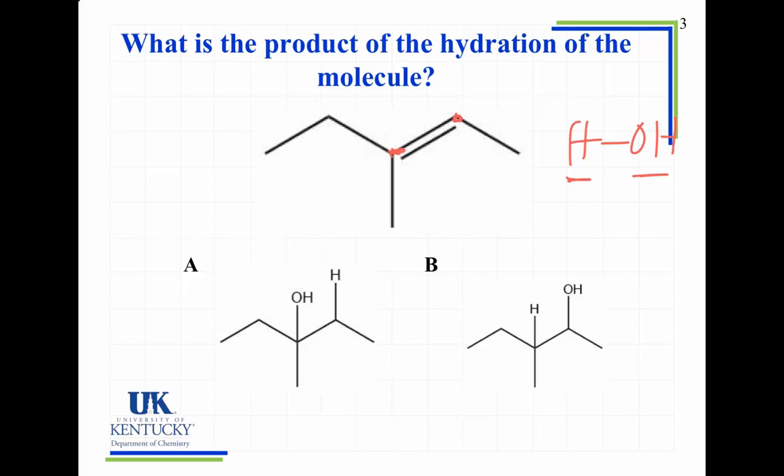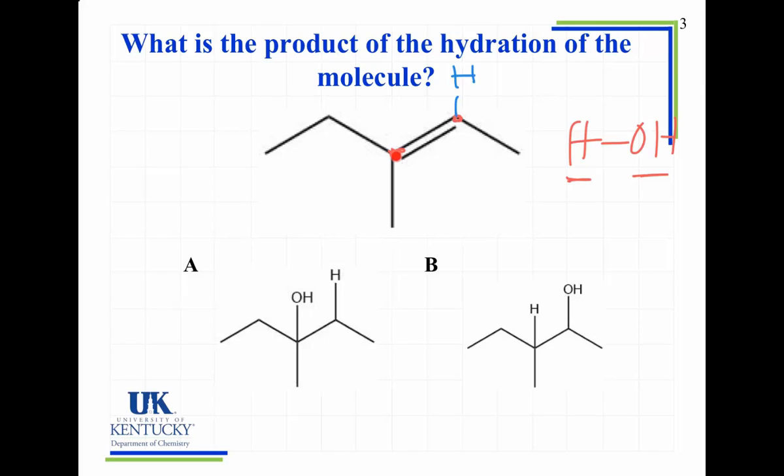When I look at the carbon on the right side of the double bond, I notice that it already has 3 bonds, which means it's only going to have 1 bond to hydrogen. I don't need to worry about the number of hydrogens attached to any other carbon atom because the only thing that concerns me are the number of hydrogen atoms attached to the carbons involved in the double bond.